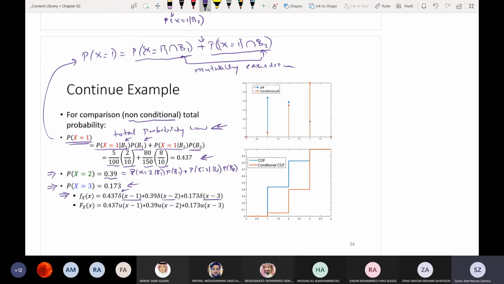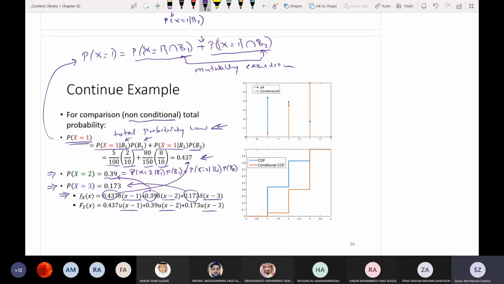The delta at x equal 1 has an amplitude of 0.437, which is the probability that we found here, the probability that x equal 1. 0.39 is the probability that x equal 2, and 0.173 is the probability of x equal 3. And the CDF will be just the same but step functions.